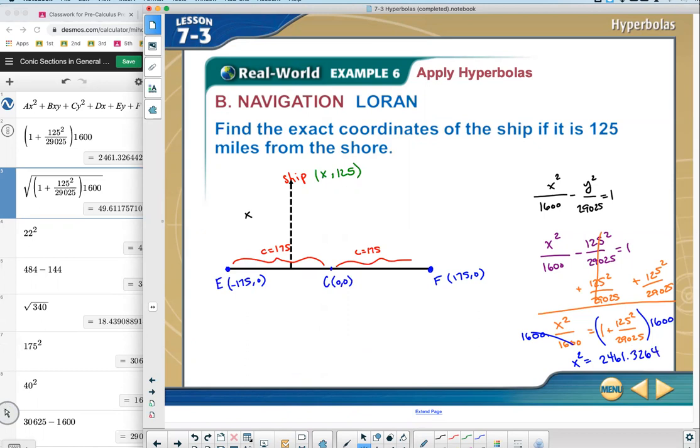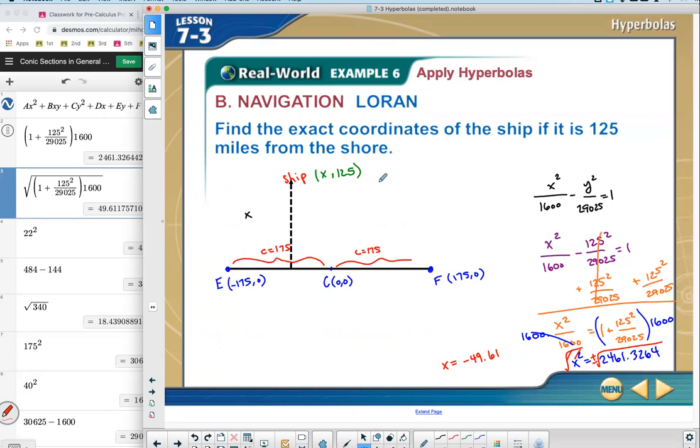But anytime in mathematics you add a square root that's not originally there, it needs to come with a plus or minus. But in our problem, we know that the ship is closer to the east, which means closer to the left side, so I'm actually going to take the negative. I'm going to say x would equal negative 49.61. I'm going to round to the nearest hundredth here.